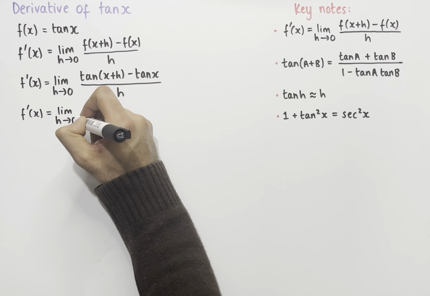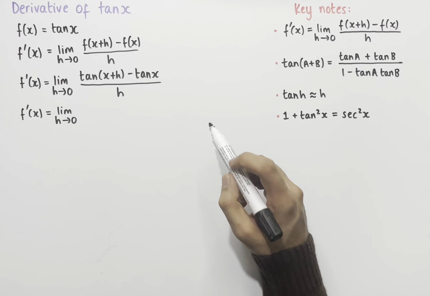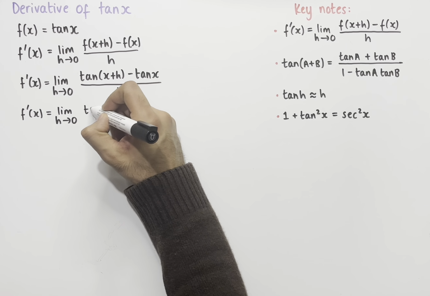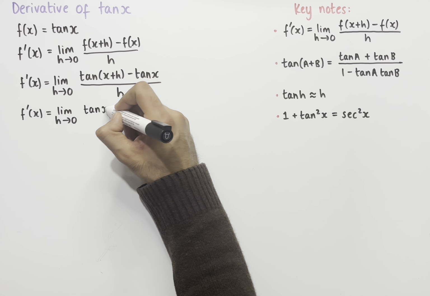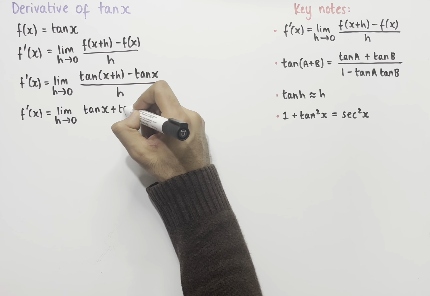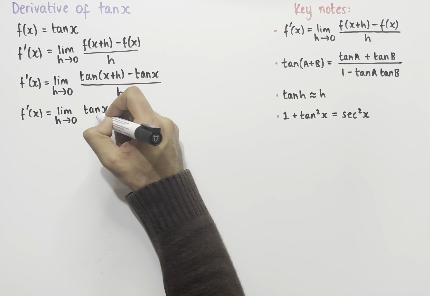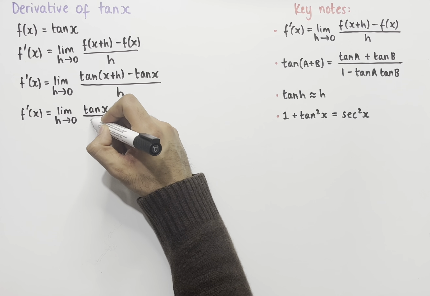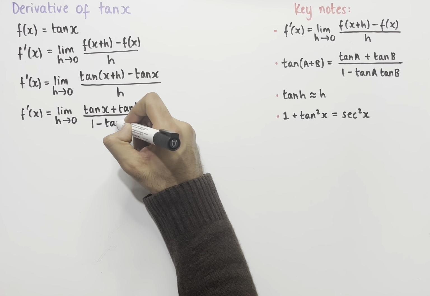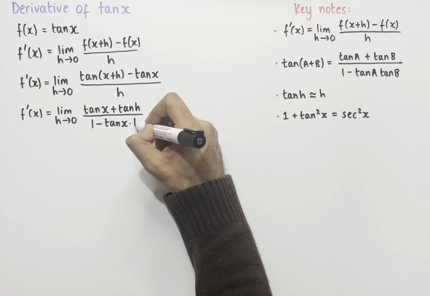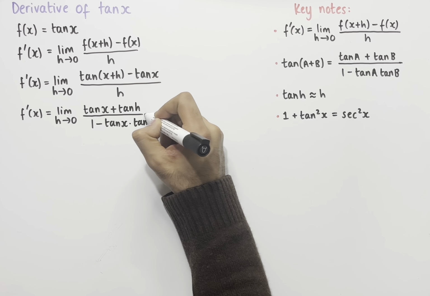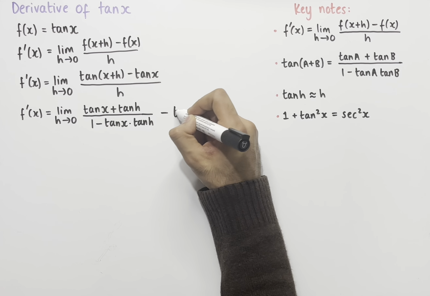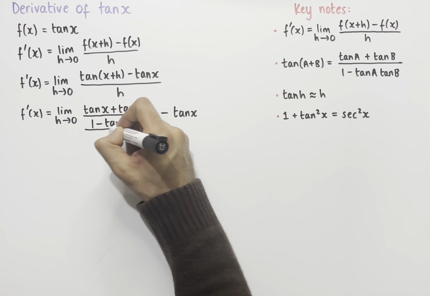And so if we use the addition formula for tan, we end up with the following. So we have tan of x plus tan of h all over 1 minus tan of x times tan of h, minus tan x all over h.